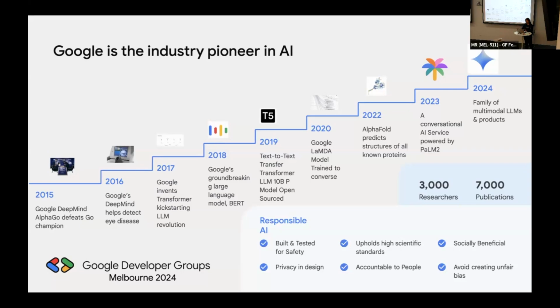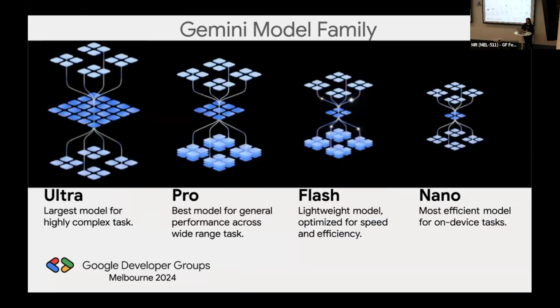So in 2024 this year, the latest models from Google are the Gemini model family. We have four different models: Ultra, Pro, Flash, and Nano. The Ultra is the largest one, the most accurate, yet it's the most expensive. Normally, we will not use it for public industry. The one that we will use is the 1.5 Pro.